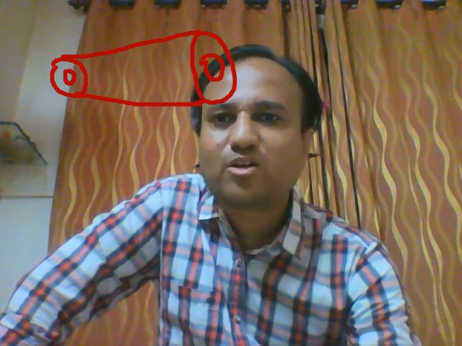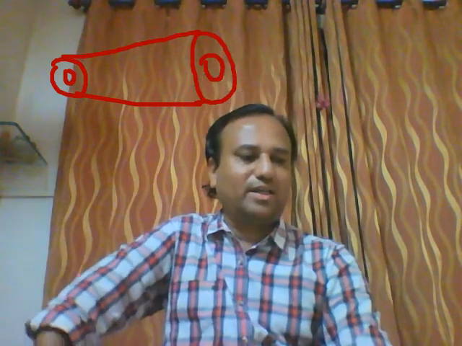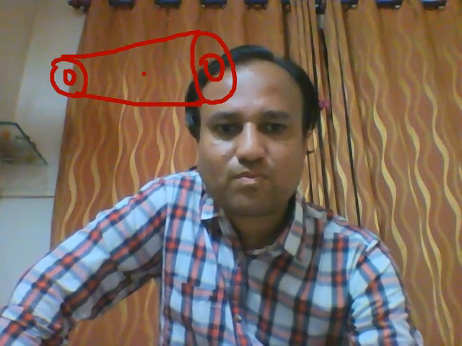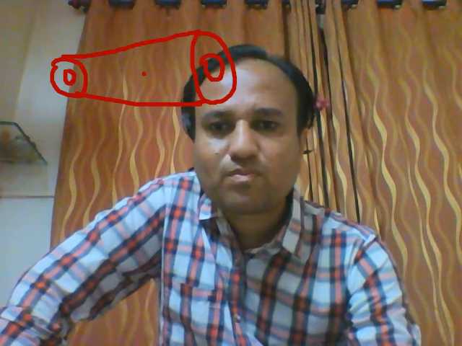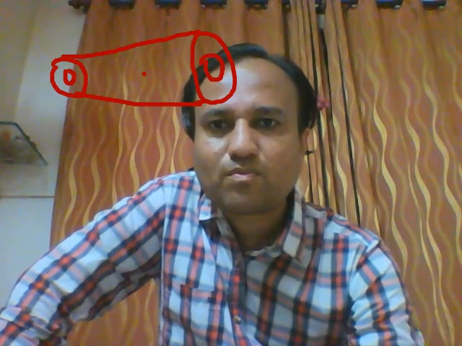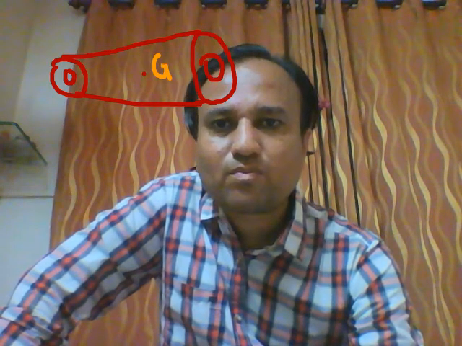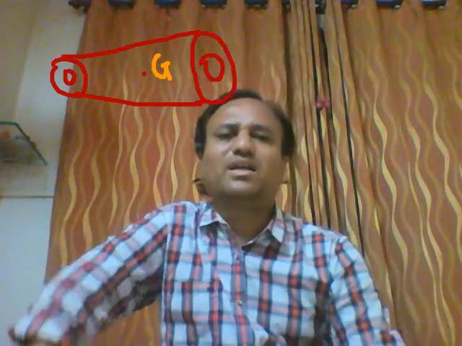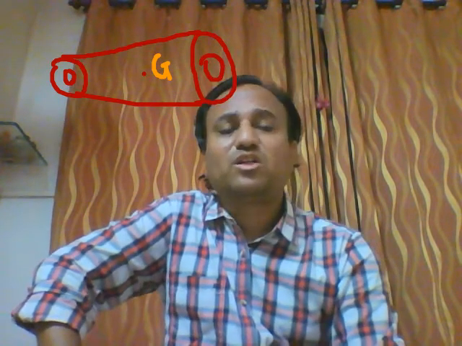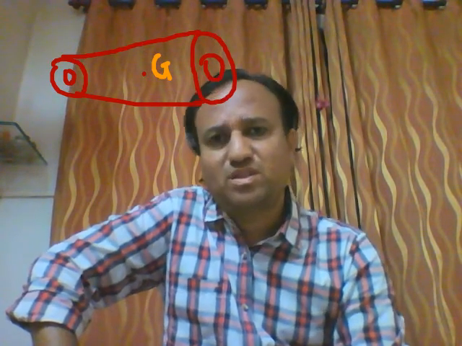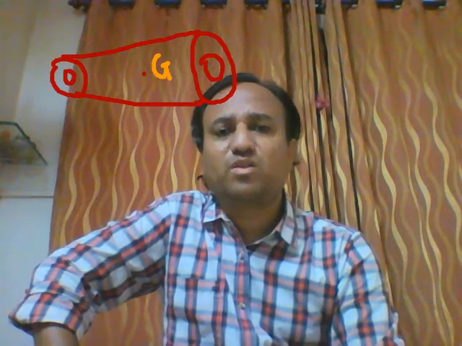Big end of the connecting rod, small end of the connecting rod. Again, the connecting rod is not a uniform shape at all. It has an irregular shape.